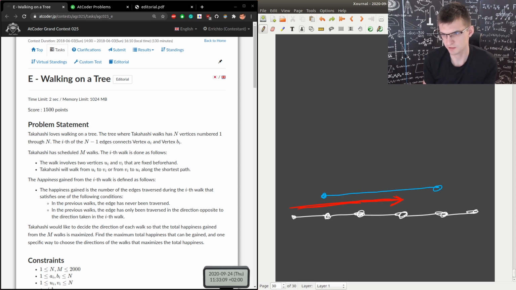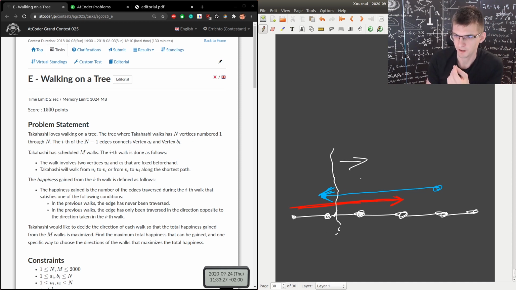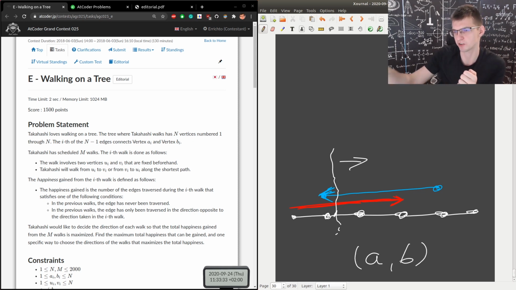If it's like this, yeah, then I will direct it like that after sorting things by the start, because as I go with this sweep line, let's say, to the right, I only care about two numbers A and B. How far I reach with forward and how far I reach with backwards.